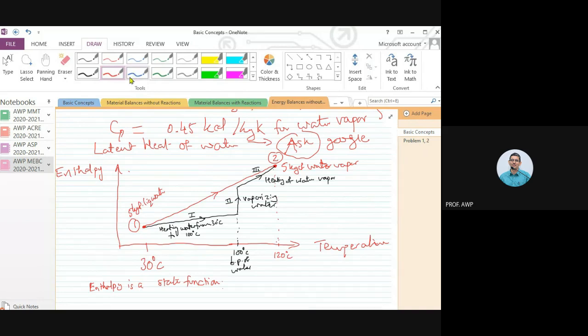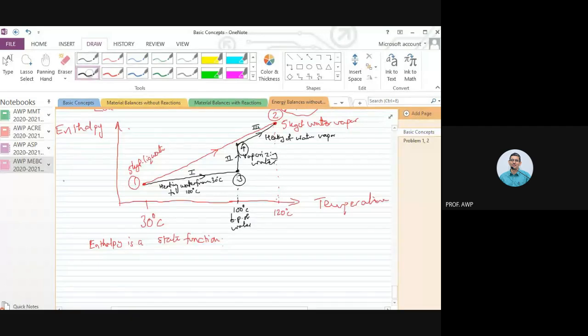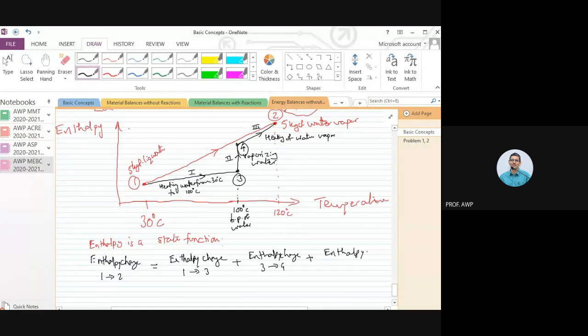And the intermediate points on the path that we have taken, we can call point number 3 and point number 4. So the enthalpy change in going from 1 to 2 would be the same as the enthalpy change in going from 1 to 3, plus the enthalpy change in going from 3 to 4, plus the enthalpy change in going from 4 to 2, right?